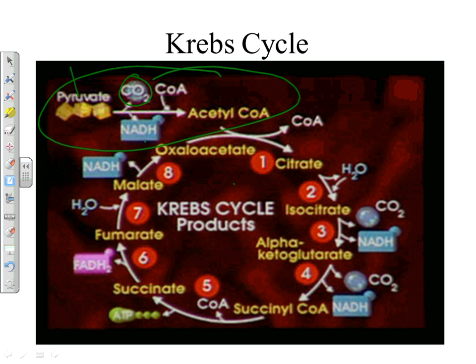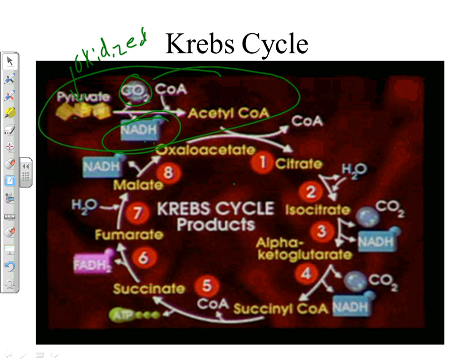So pyruvate is getting oxidized, which means what just happened to some of the energy that was in the pyruvate? It got taken out and put where? That's what that's all about, NADH, storing energy that used to be in the food. So take some of the energy out of the food, some out of the pyruvate, put it in here.